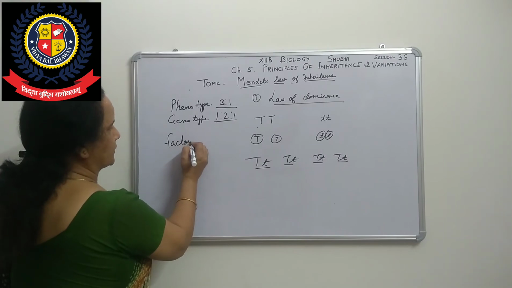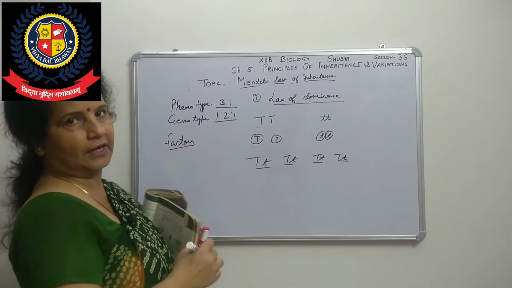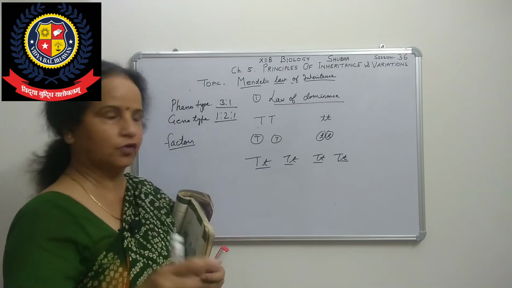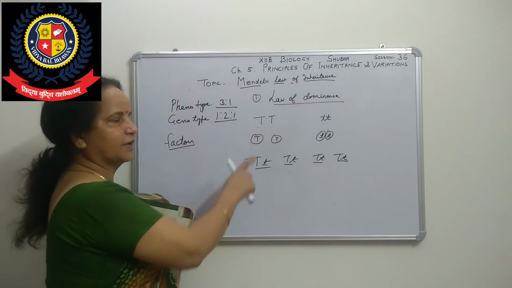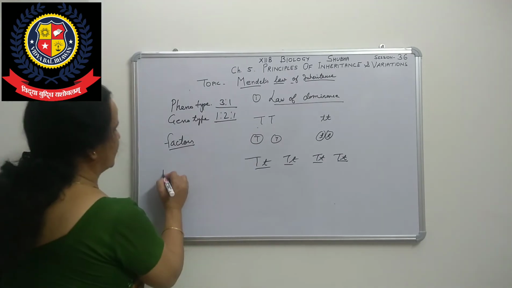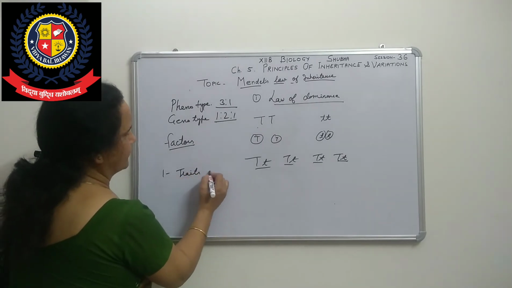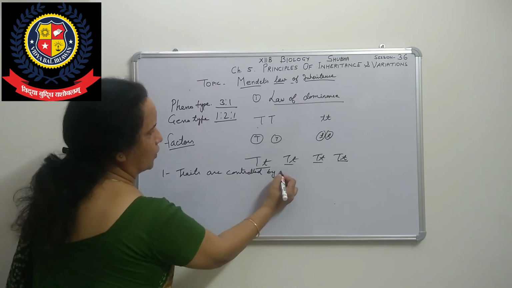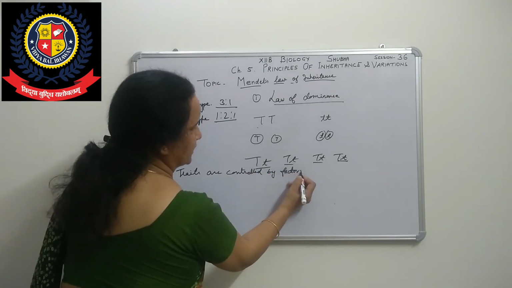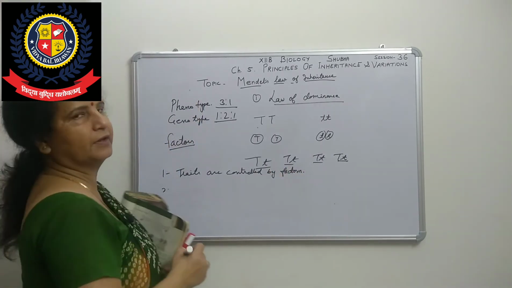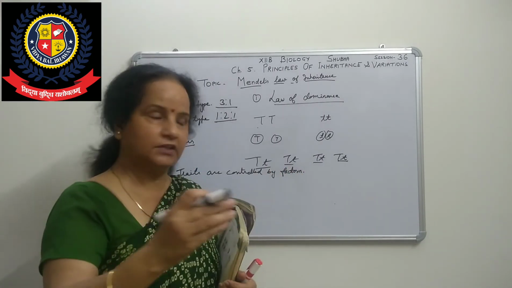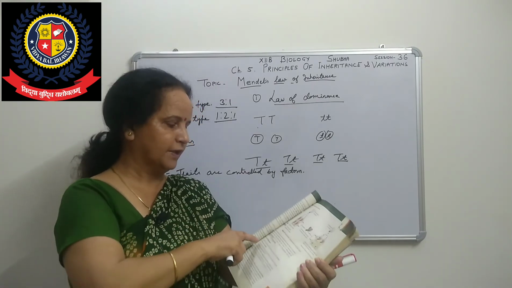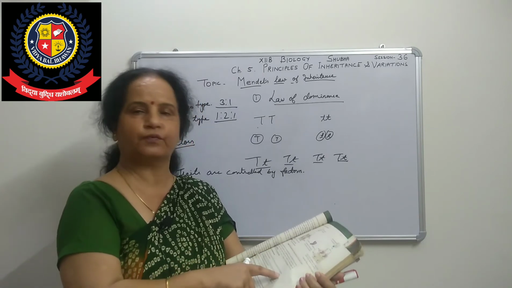I told you about these factors yesterday. The states shown by any organism in its generation are controlled by factors. Now they are called genes, but at the time there was no nucleus, no genes, so the name was factors. Something is controlling the traits which organisms show in their generation. So it is written that characters are controlled by discrete units called factors.